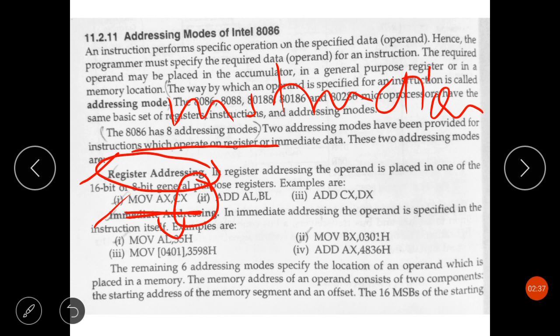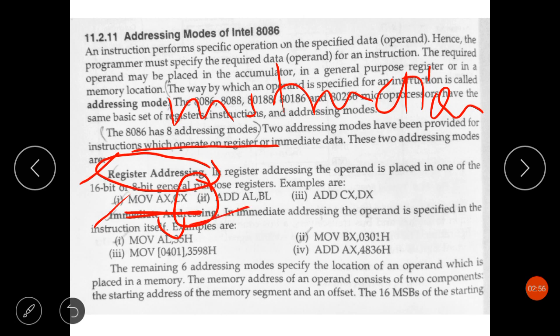So if the operand is specified in terms of the content of a register, then we say it is the register addressing mode. Here both the source and destination are registers.